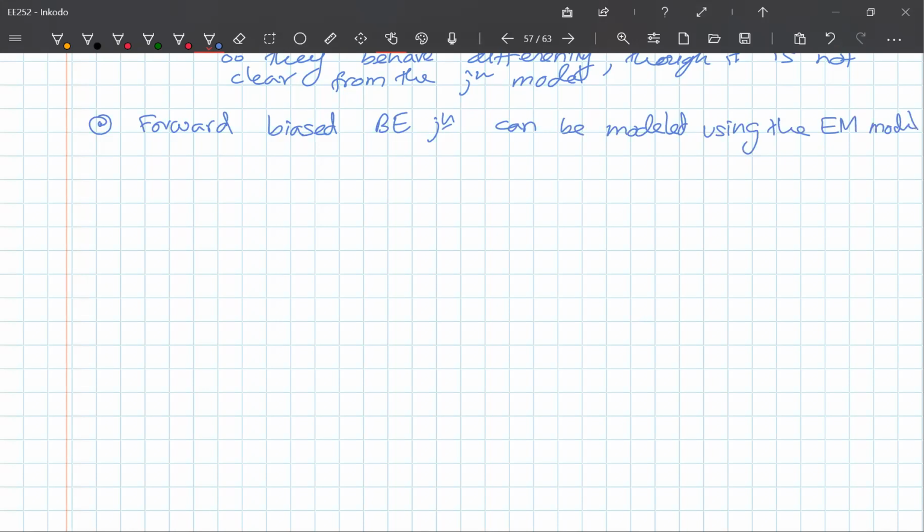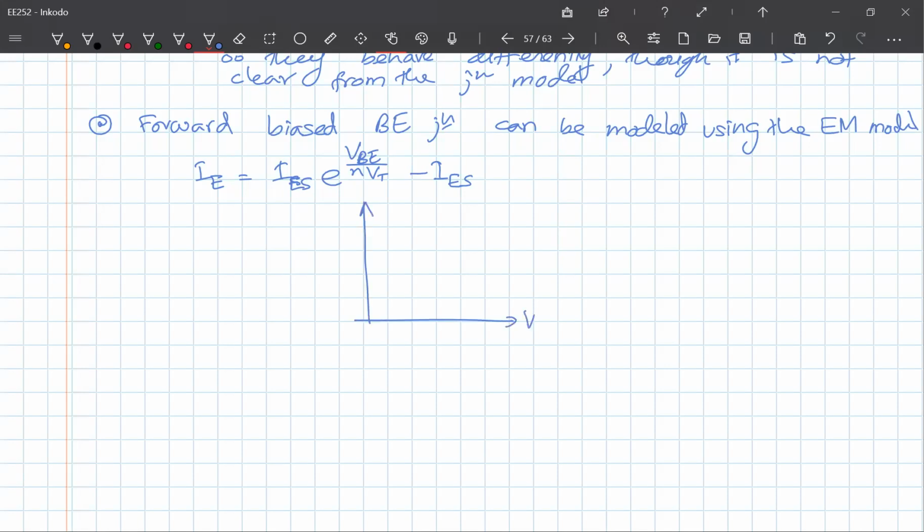So what is that? The current through the emitter is equal to the reverse saturation current, IES, times e to the VBE, base emitter voltage, divided by N times Vt, minus IES, right? So this is the Ebers-Moll model. Basically, what it looks like is something like this.